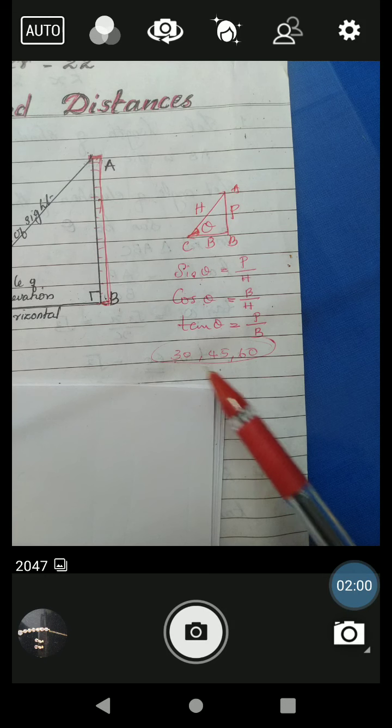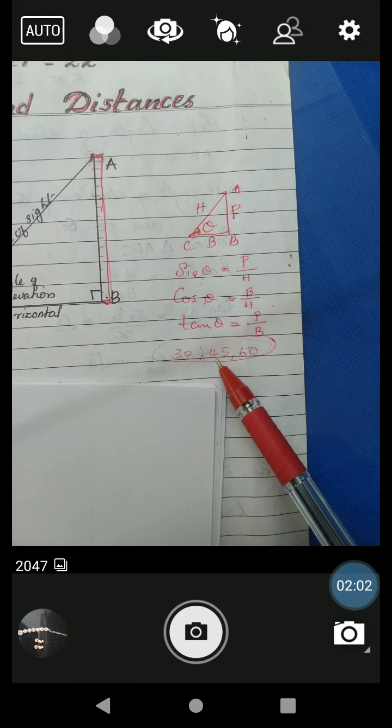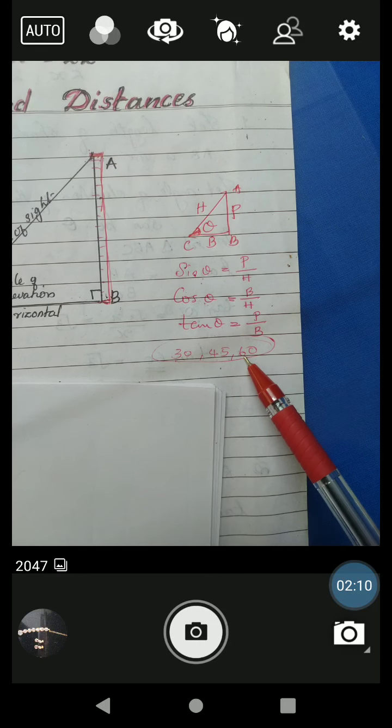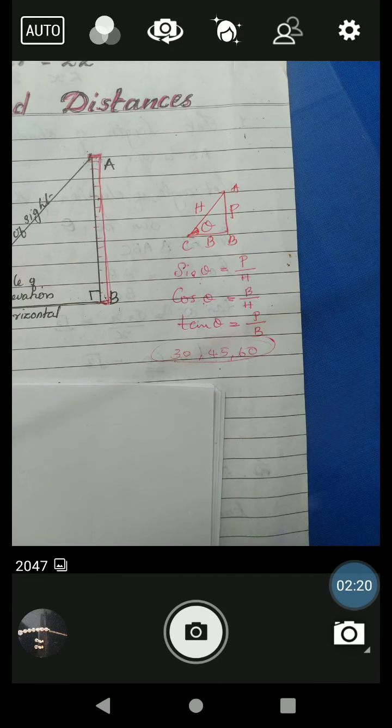Sine 45 is 1 by root 2, cos 45 is 1 by root 2, tan 45 is 1. And sine 60 is root 3 by 2, cos 60 is 1 by 2, and tan 60 is root 3. So remember all these values.